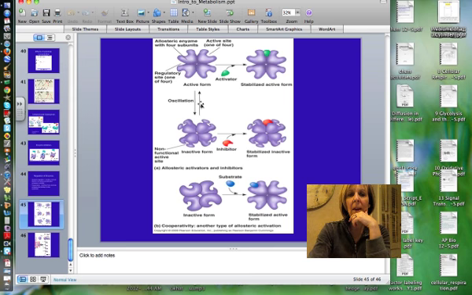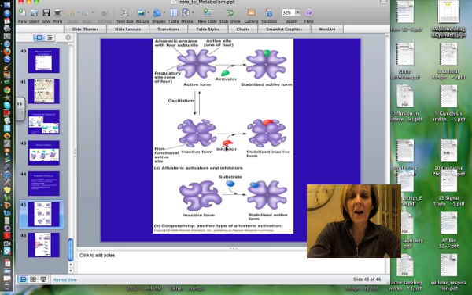So here we have an example of an enzyme. This is an allosteric enzyme with 4 subunits, and here we have a molecule that would be an activator. It is going to bond to the enzyme at a site other than the active site, and it is going to activate or stabilize the active form of the enzyme.